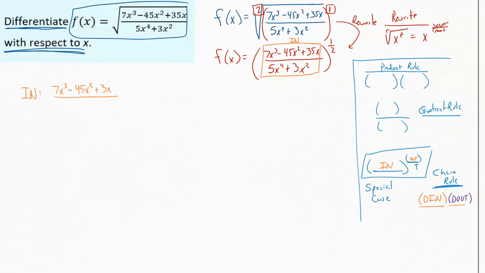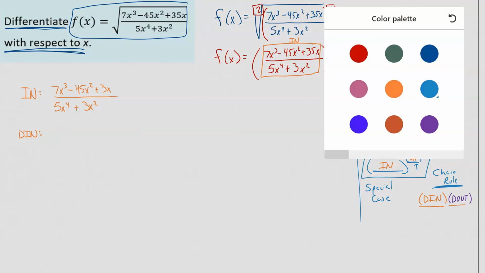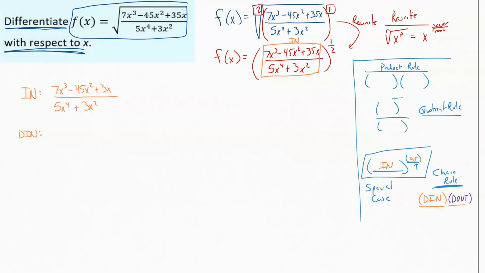So looking at my in now and saying to myself, okay, I need to go find the d in, the derivative of that. Well, what rule would I need to take the derivative of that? And so again, squint your eyes and see what you can see. To me, I've got something divided by something. So to take the derivative of this piece, we are going to need to apply the quotient rule.